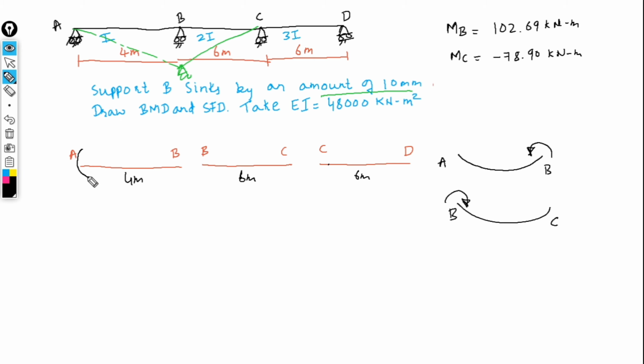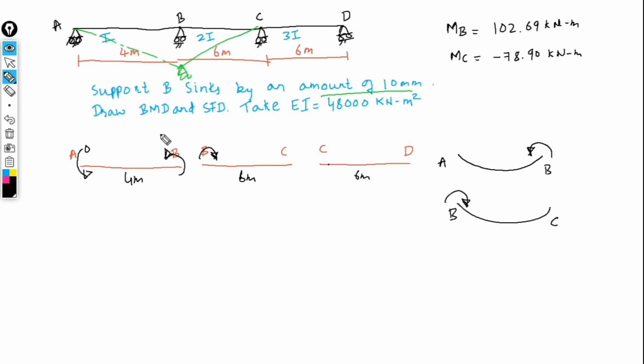So MA is 0. You can choose whatever sign you want. To choose the sign of B, the value of MB is positive. Positive means it's a sagging bending moment. So to have the sagging effect of beam at this end, the sign of bending moment should be anti-clockwise. So here MB is anti-clockwise, and here it should be clockwise to create the sagging effect of beam.